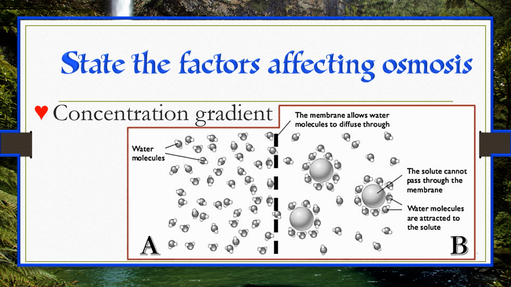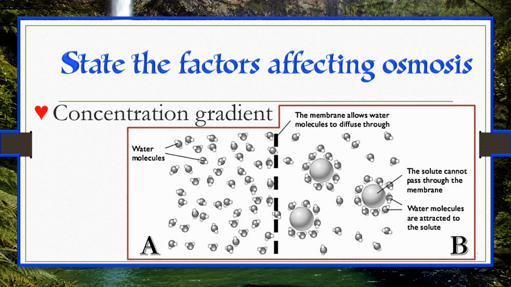And when these water molecules are attracted to the solute, it means that now they are no longer free to move. So the amount of water molecules that are free to move reduces. And this also reduces their concentration. So now we can see that side A has a higher concentration of water molecules that are free to move compared to side B. So with that, now we have created what we call a concentration gradient.